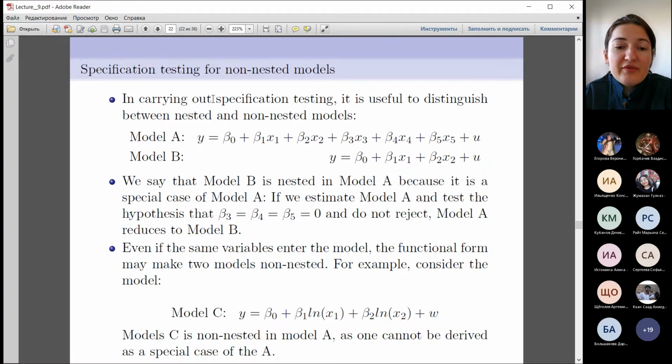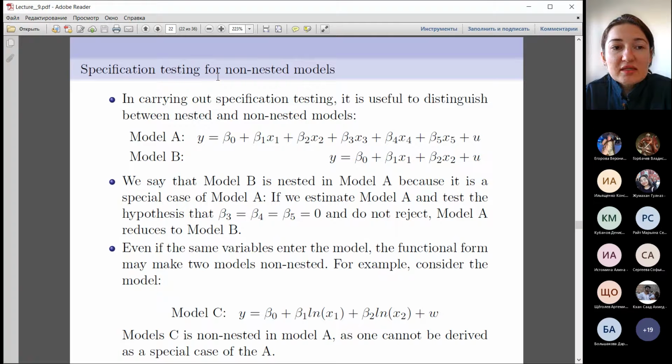Next, before we discuss other tests in general, I want to discuss with you some specific definitions. And I think that you will face nested and non-nested models in further topics of your course.